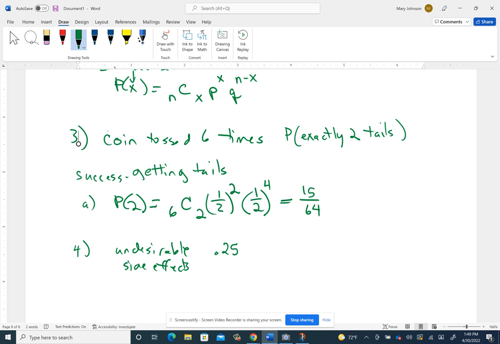Then you're sampling 9 patients. So in a sample of 9, find the probability that exactly 3 have undesirable side effects.